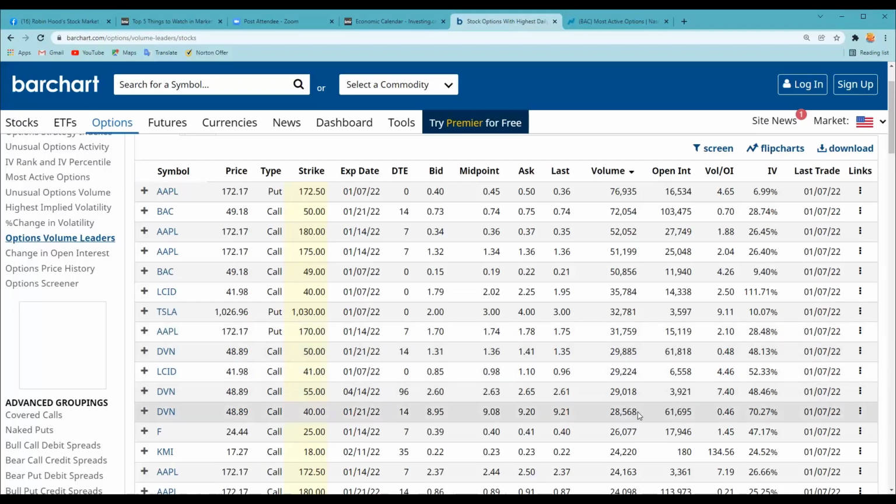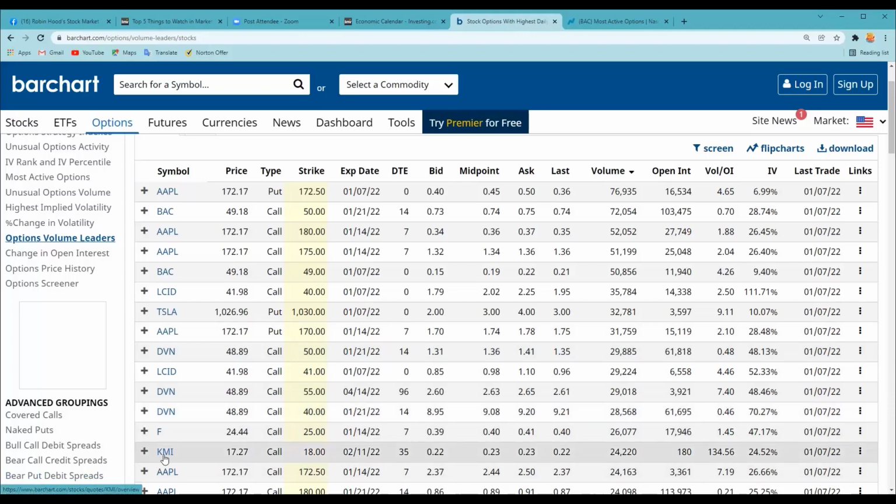The higher the volume is that passes the open interest, the better, I think, because it just provides more unusual buying activity, especially with this one, KMI, which is currently at $17.27 with a call strike price at $18. That expires February 11th, which is approximately 35 days from now.